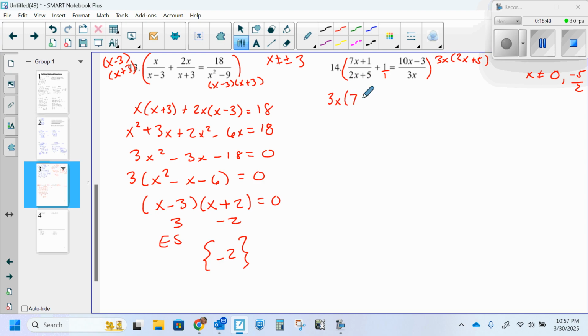This is a lot of multiplying and combining like terms on this problem. This one, it's all of it. You're going to need to do all of that. Common denominator. Here I have the 3x. So yes, you're going to have to FOIL that out. Okay, now take your time with that foiling.